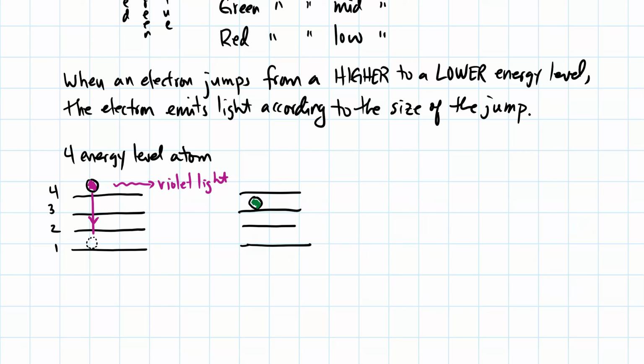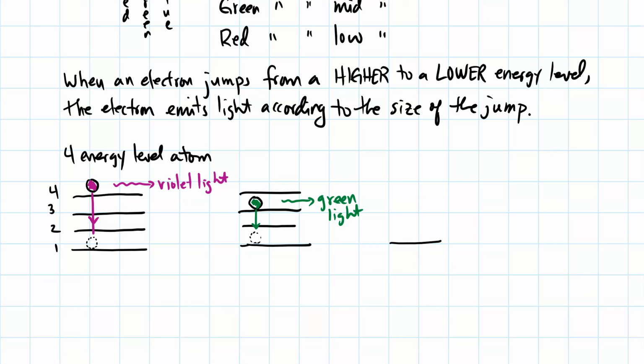What you're going to find here, when the electron jumps, since this is a smaller jump, it emits lower energy light. So in this case, it would emit green light.